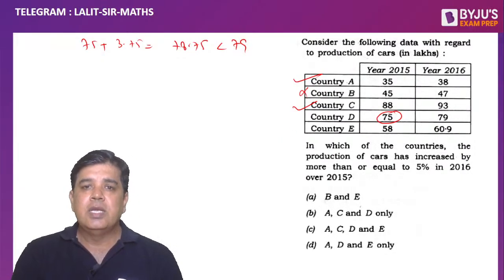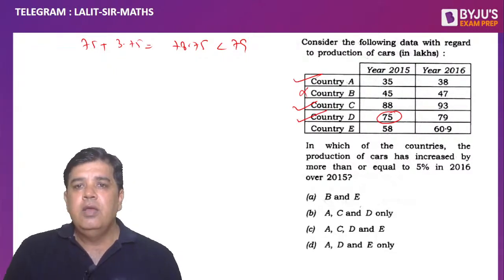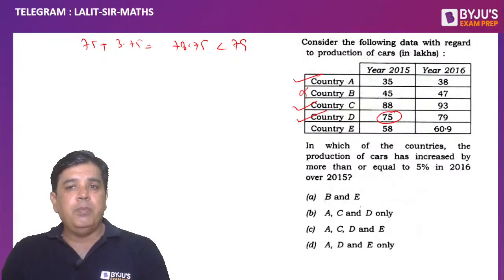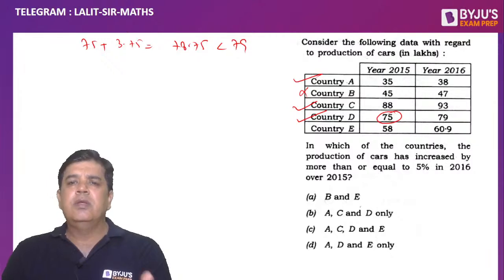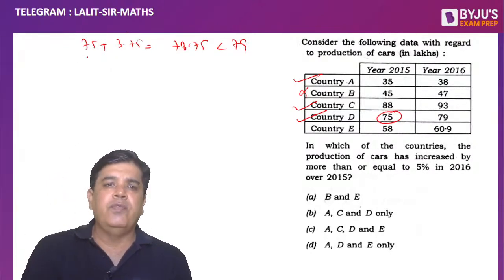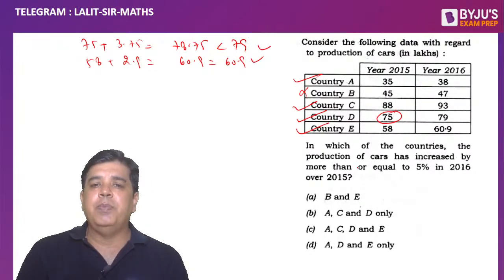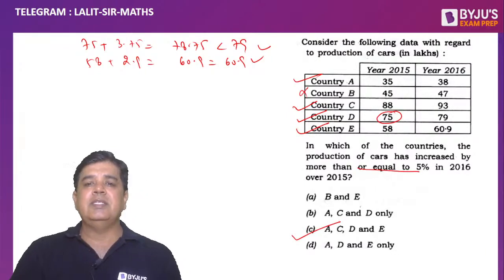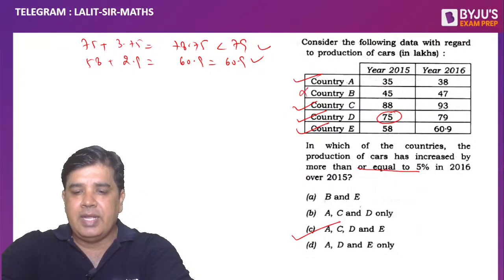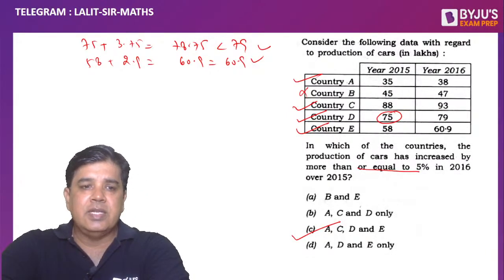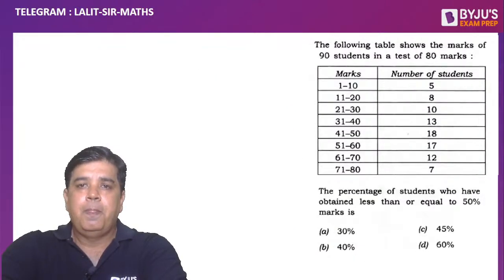So yes, country D is also that country. For 58, 10% is 5.8, 5% is 2.9. So 58 plus 2.9 gives 60.9, and they are saying 5% or more. So yes, A, C, D, E are all correct answers. So we'll say that answer is C part.